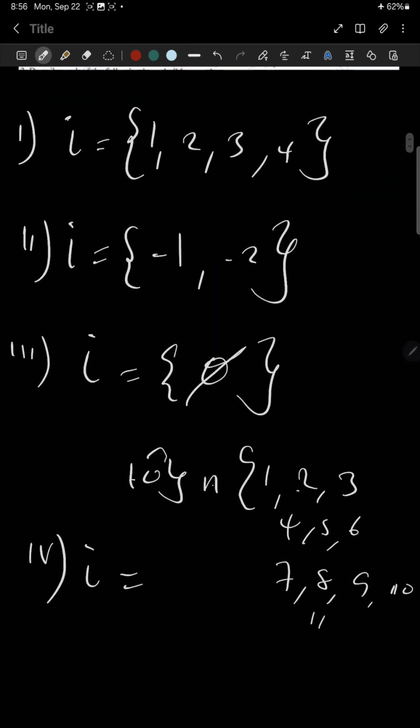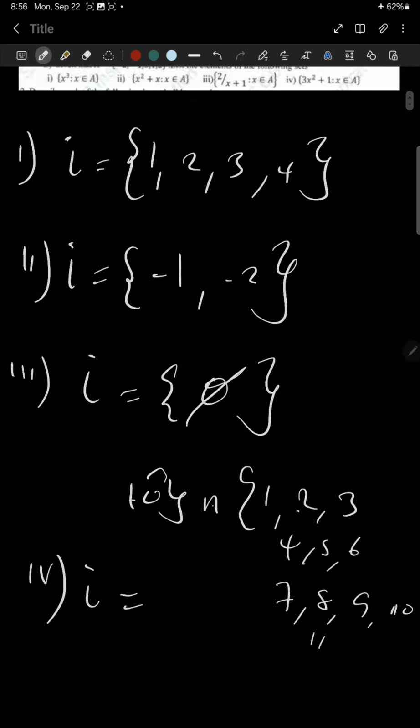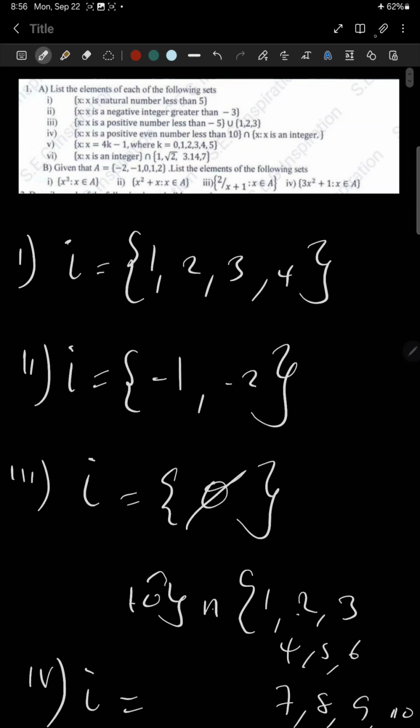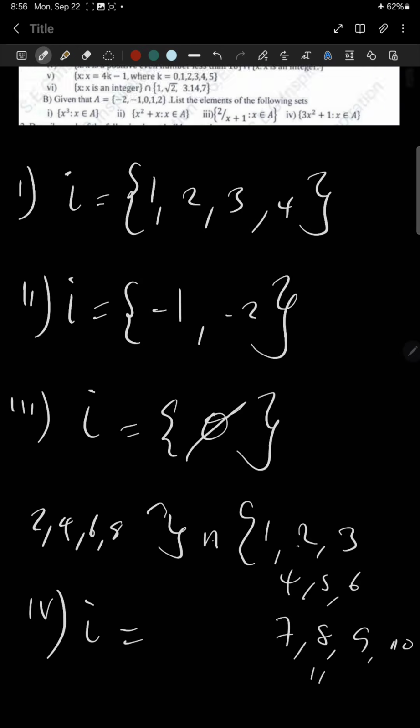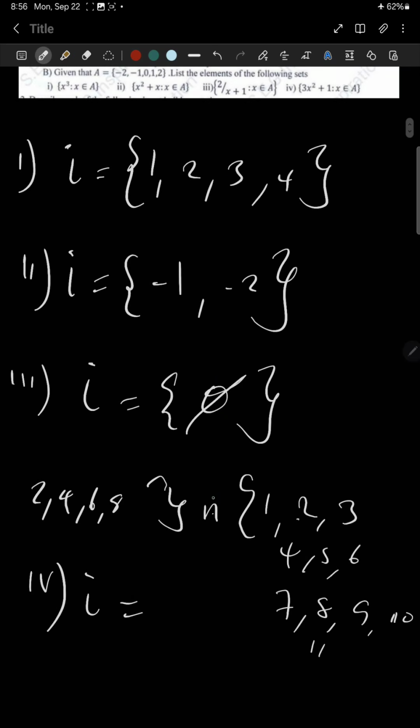Now, can 11 be part? X is an integer. So we're looking at x, a positive even number less than 10. So what are those positive even numbers less than 10? We're looking at 2, 4, 6, 8, right? Because they're saying less than 10.